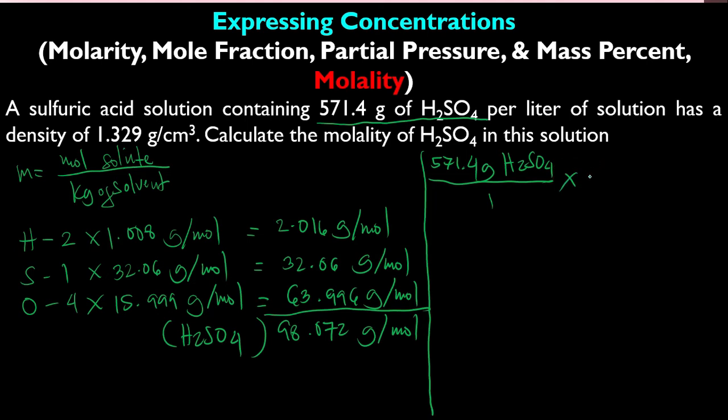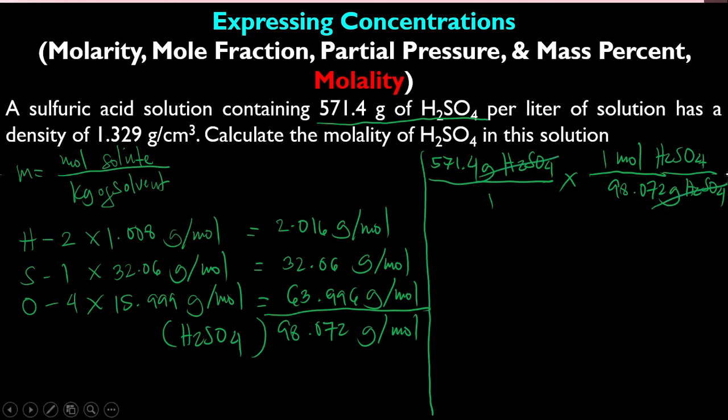In one mole of dihydrogen sulfate, how many grams is that? 98.072 grams of dihydrogen sulfate. So we can cancel grams, and the remaining unit is mole.